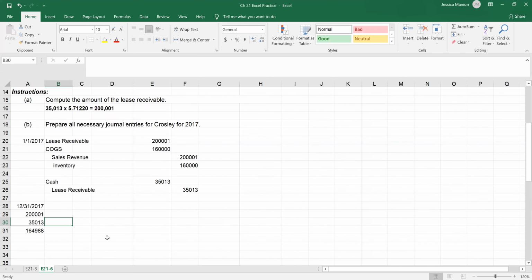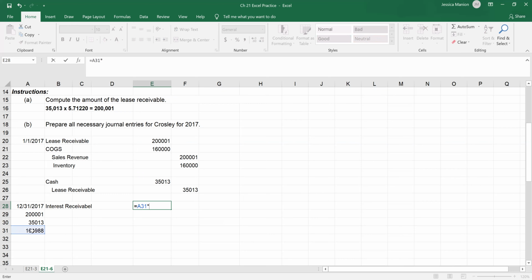And so for interest, we're going to debit interest receivable, which is going to be equal to this number times 0.11, because that's the interest rate that they gave us.